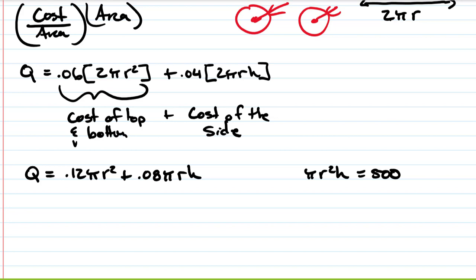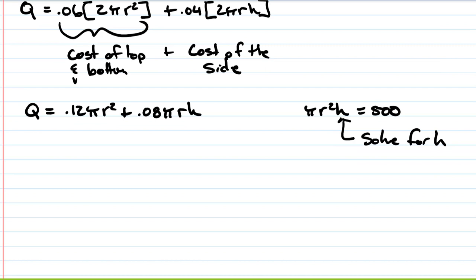So then we need to substitute out one of these variables. So we can substitute out r or h, but in this case, since h is linear, this is going to be the easier variable to solve for. So if we solve our constraint equation for h, we get 500 over pi r squared.